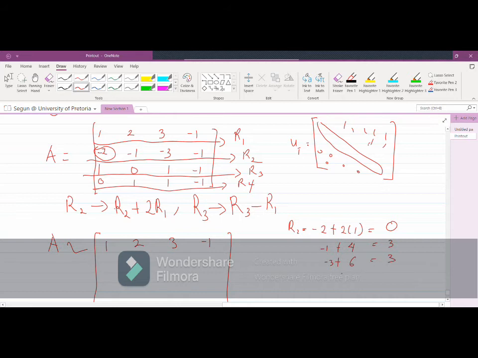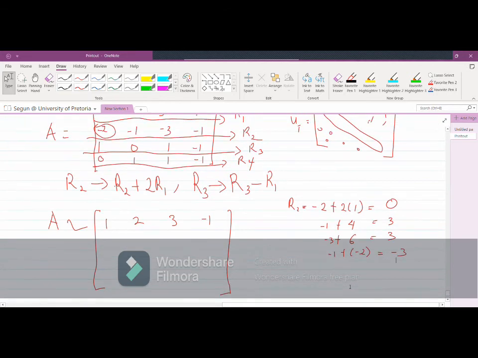You pick another element. The last one will be -1 plus -2, which equals -3. So that is what we are going to write in row 2 now.